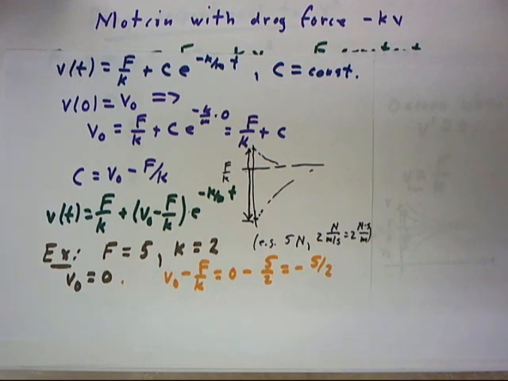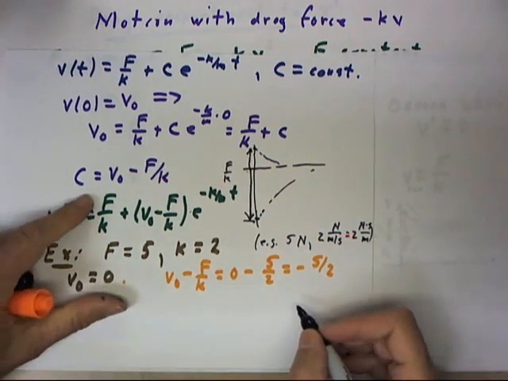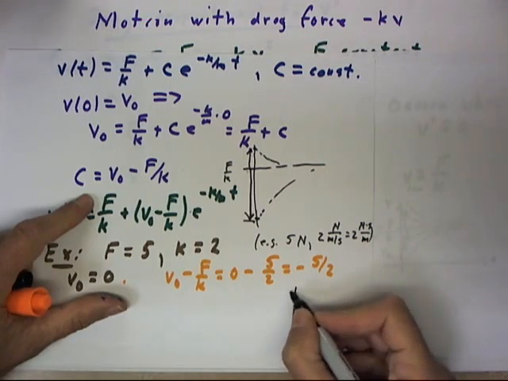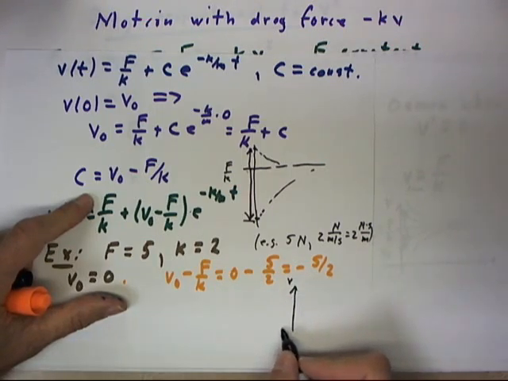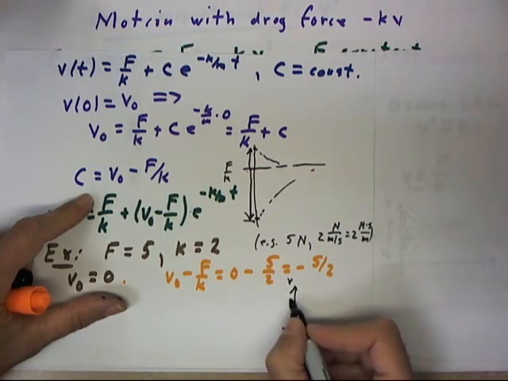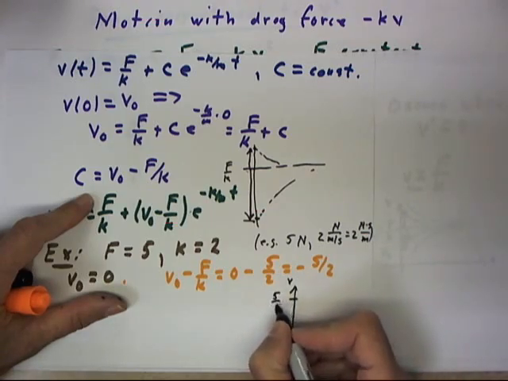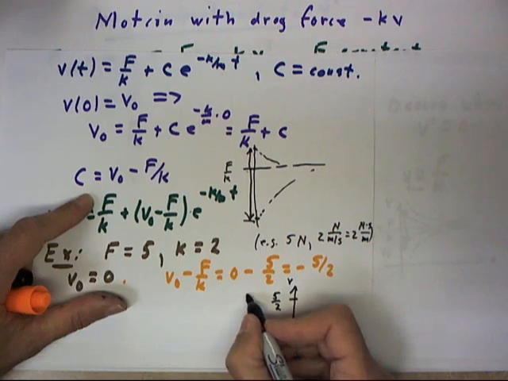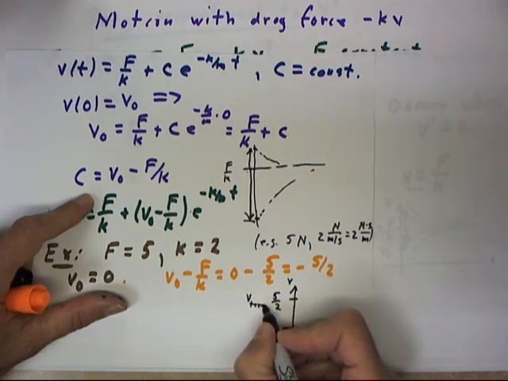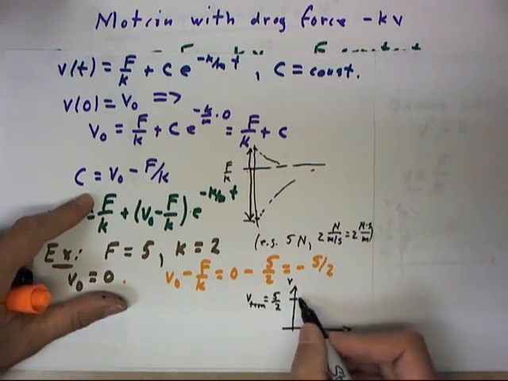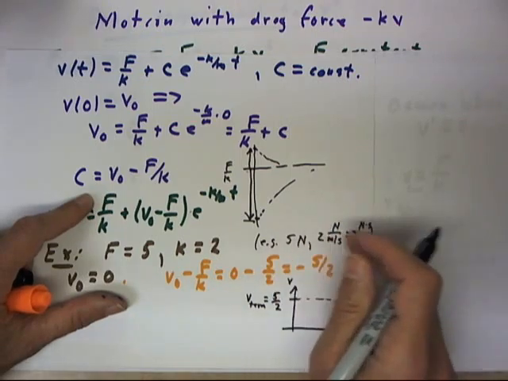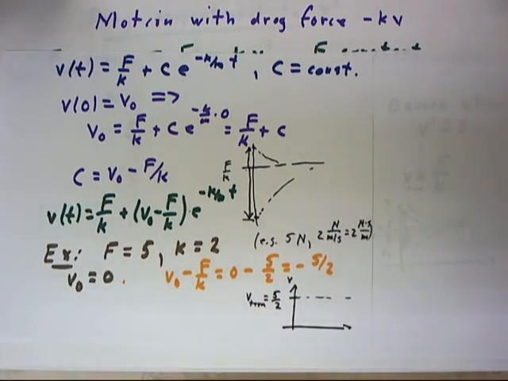So we expect from this case a solution where V approaches a terminal velocity of 5 halves. If the units are, as we say here, that would be 5 halves meter per second.